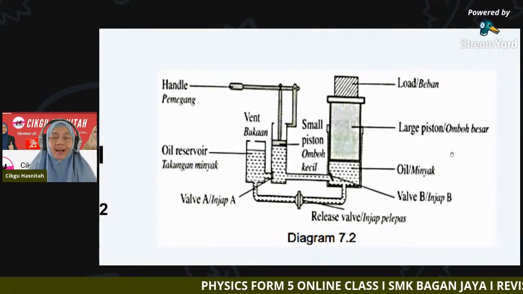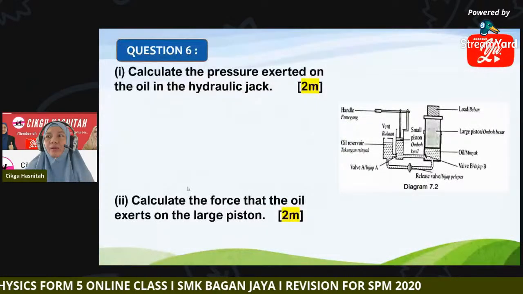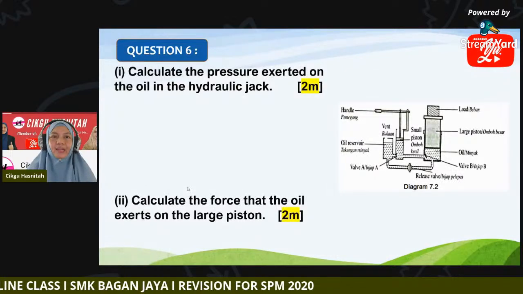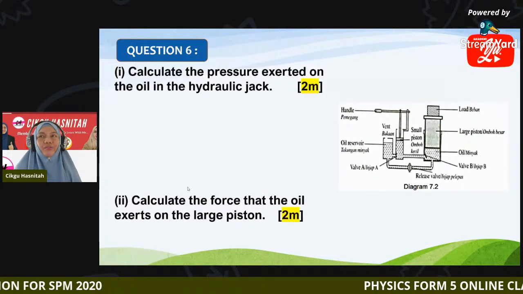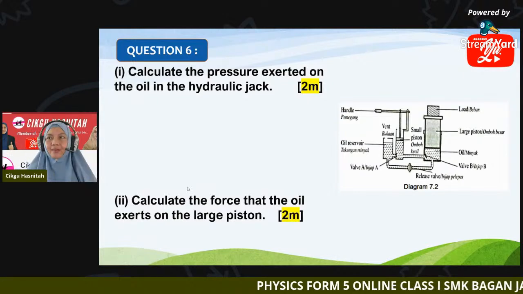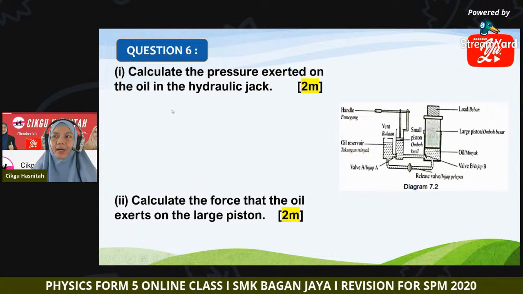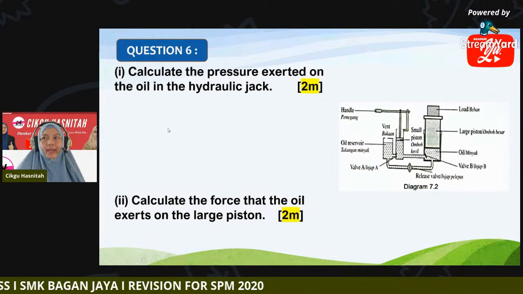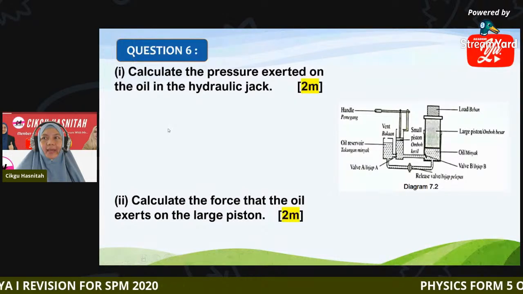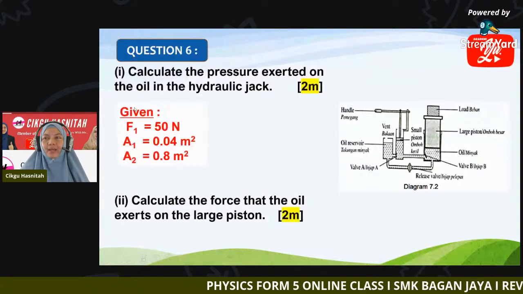So what is the first question? Calculate the pressure exerted on the oil in the hydraulic jack. So what formula are we applying here? Before that, these are the given quantities: F1 is 50, A1 and A2.